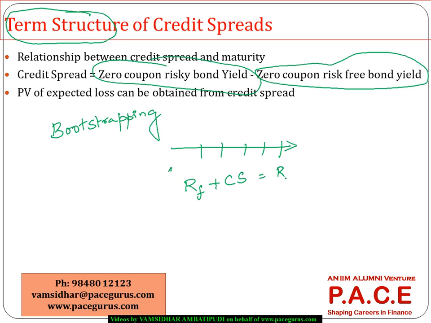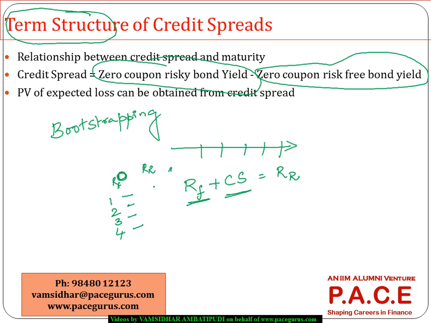So this will form the risky rate of return. Whatever the cash flows that this particular bond is going to give in periods 1, 2, 3, 4, I discount them with the risk-free rates of return to arrive at the value of a risk-free bond, and I take risky rates of return by adding risk-free rate plus the credit spread.